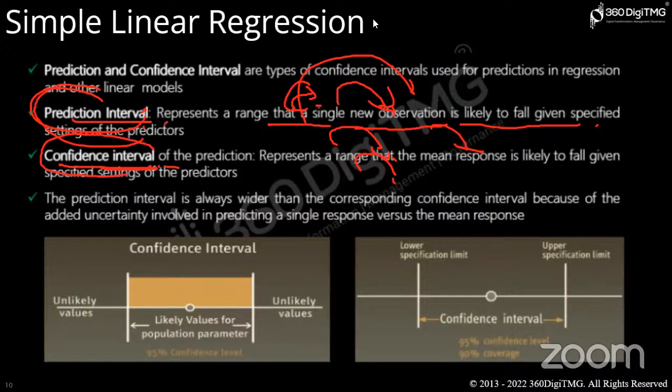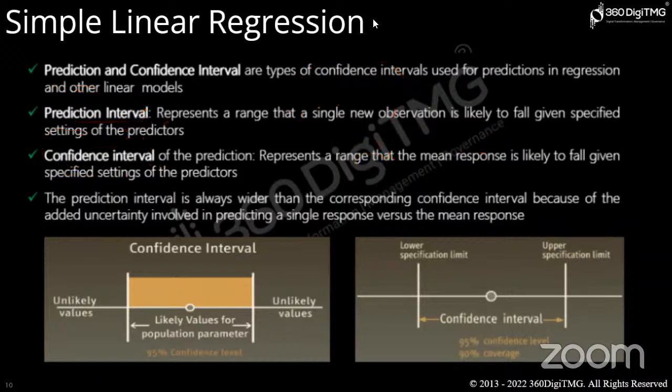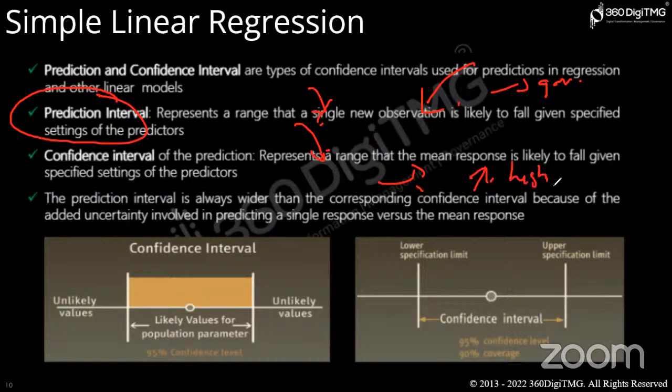Once the model is built, whichever input you take, if it falls in a prediction interval range, you might get good accuracy, you might not, you don't know. But if it falls in the confidence interval, the accuracy that you are getting could be high.